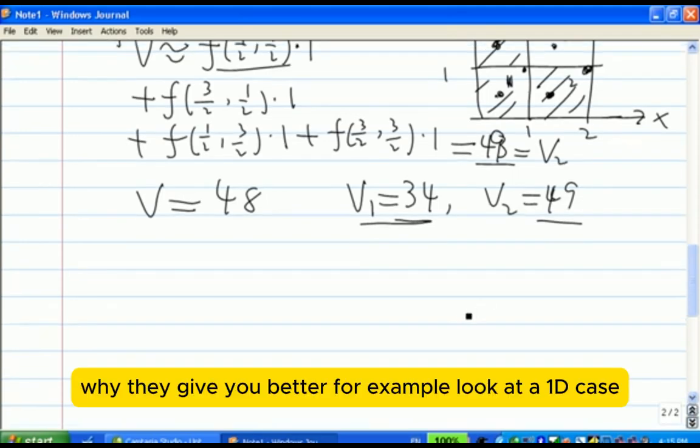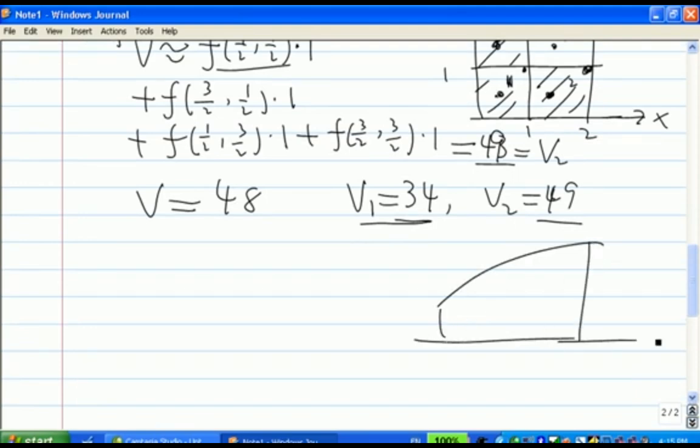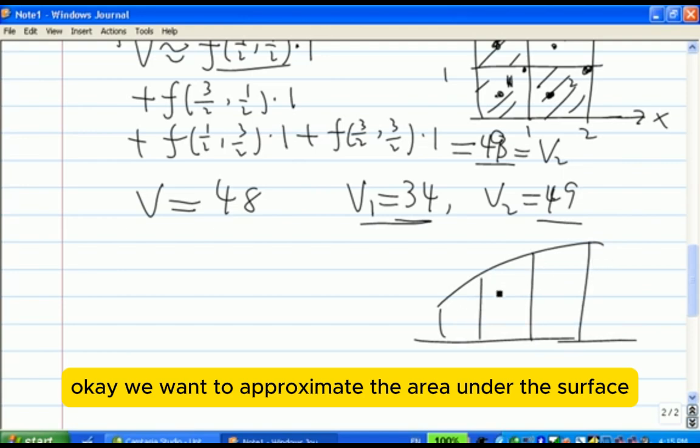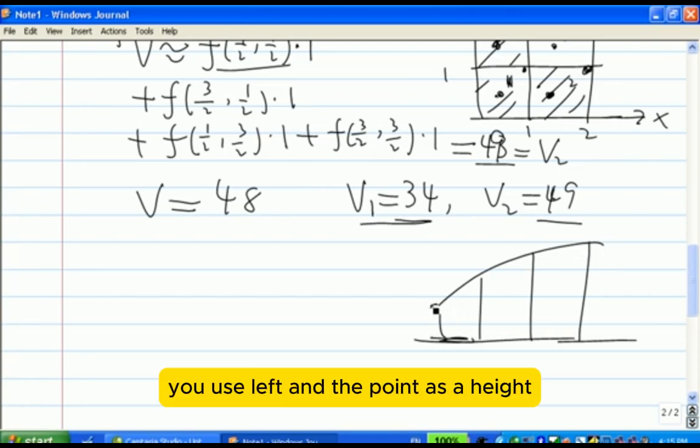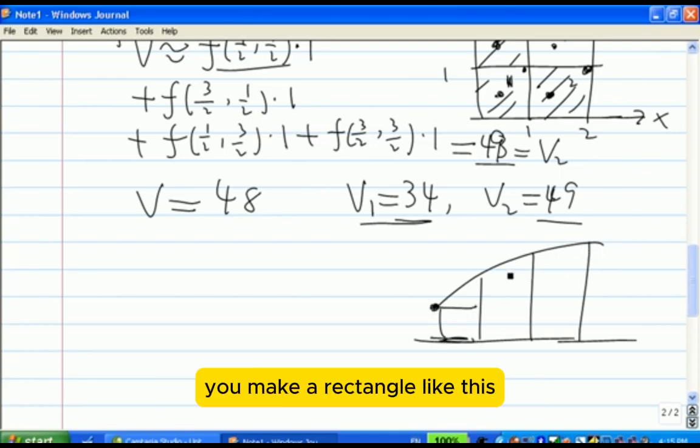Why do they give you a better approximation? For example, look at the 1D case. We want to approximate the area under the curve. If you use the left endpoint as a height on each interval, you make a rectangle like this.